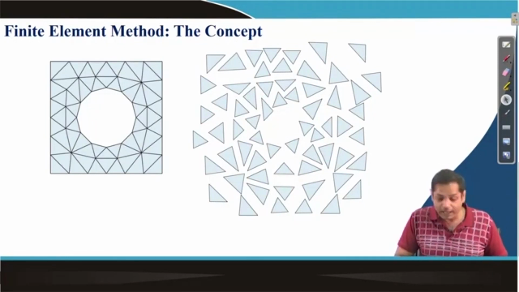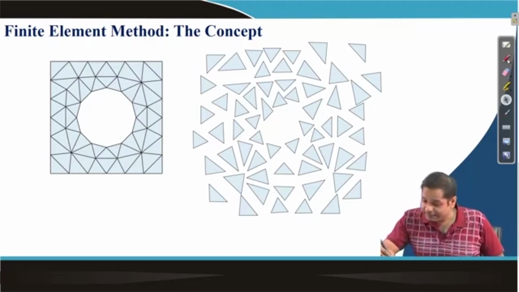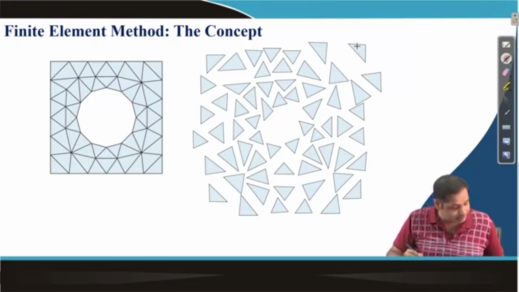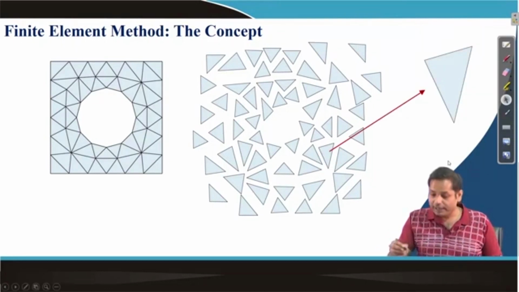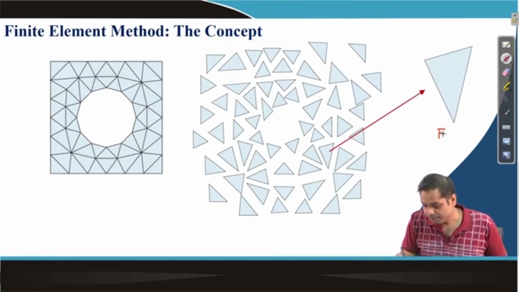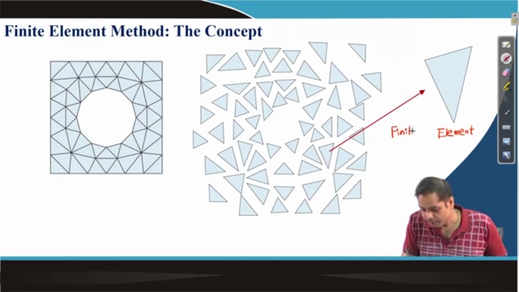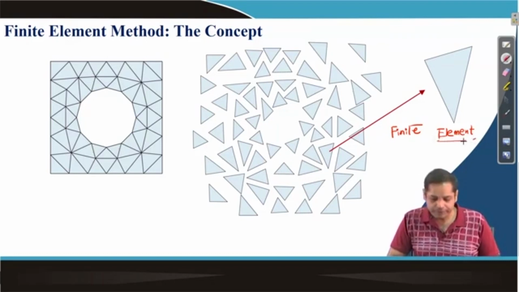Okay. Now, these triangles are essentially called elements. If we take any triangle, it is called an element, or to be specific, a finite element, but very often we call it just an element. Okay.